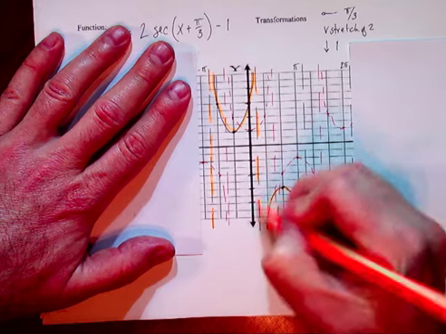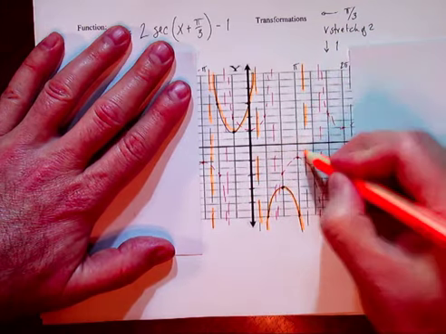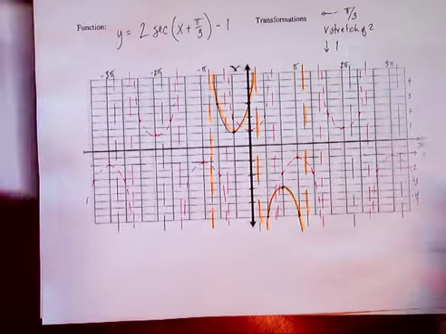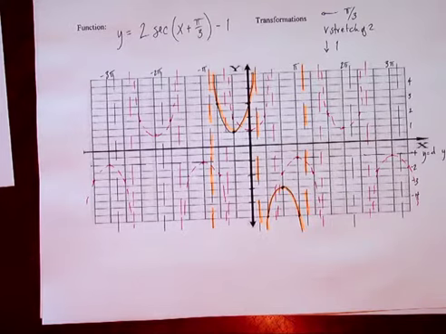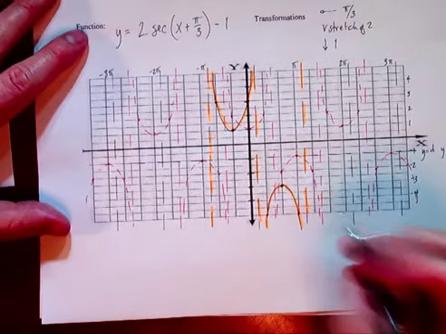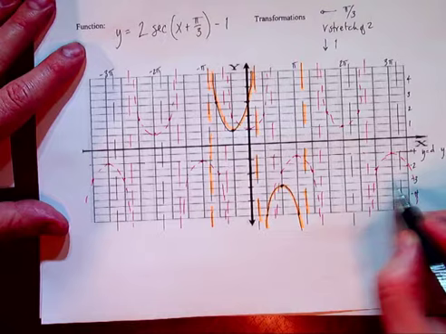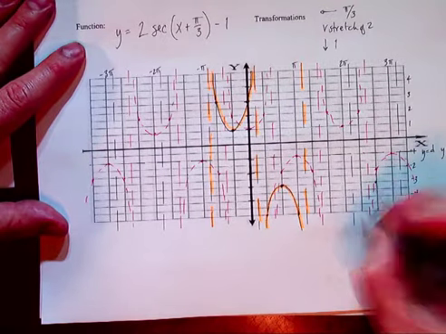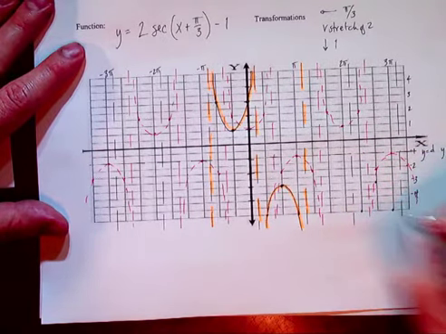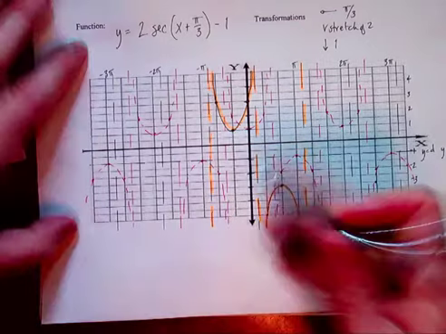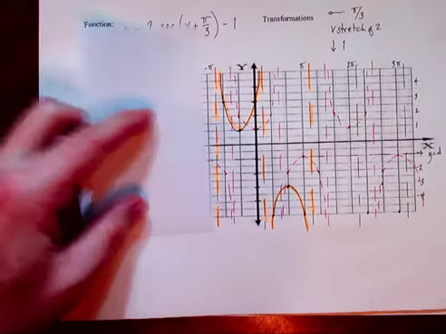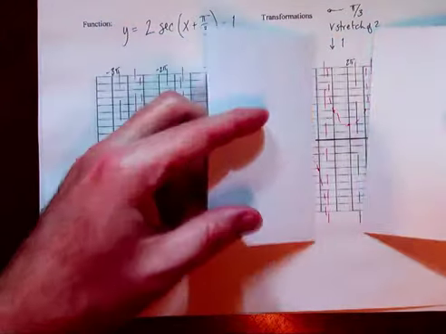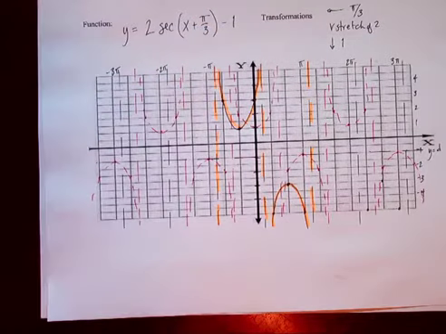I'm going to take this single period and I'm going to extrapolate onto every period before and after. So this right here becomes this point, and this point as well. This, which happens between these 2 asymptotes, now happens between these 2 asymptotes as well.